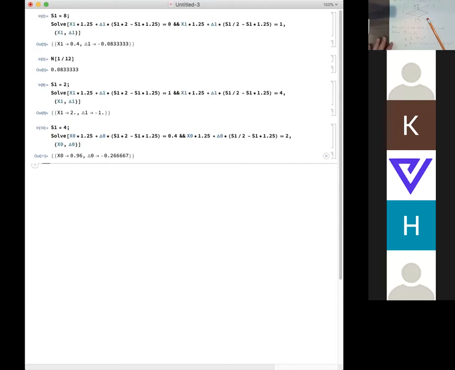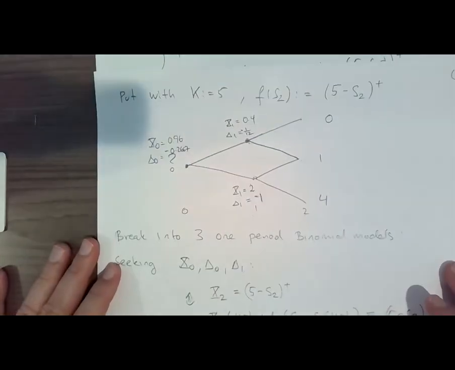So we can fill in these last values. So this is x0 and this is your initial delta, minus 0.266. So let me write them in here. This is x0, was 0.96, and delta 0 was minus 2.667. And there you go. We filled it all in.